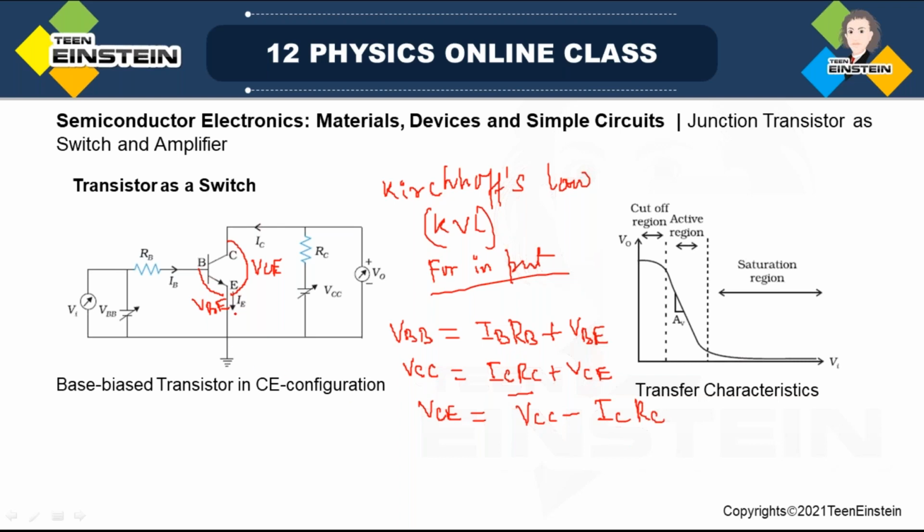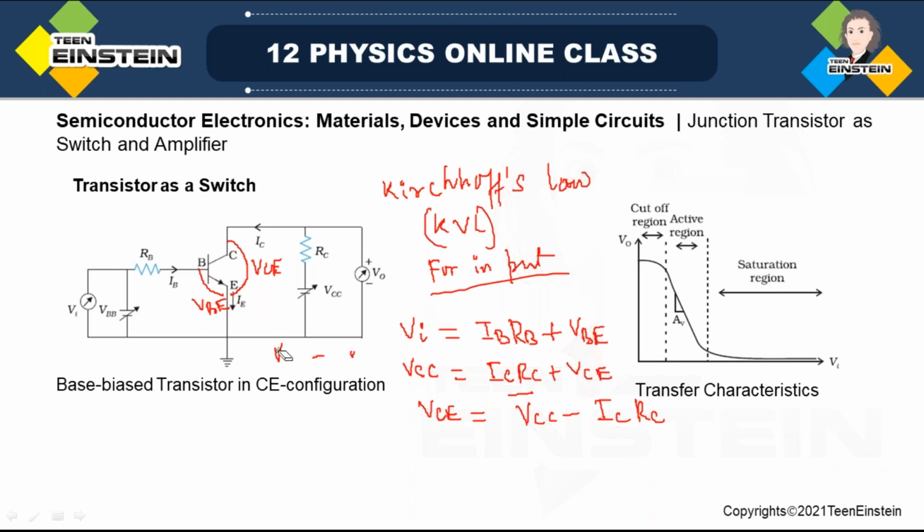Now look, I'll be measuring the input voltage, and in the measuring device it is shown VI. Let me write VBB as VI. So I'll just remove this VBB and write VI, input voltage. So input voltage is Vi.